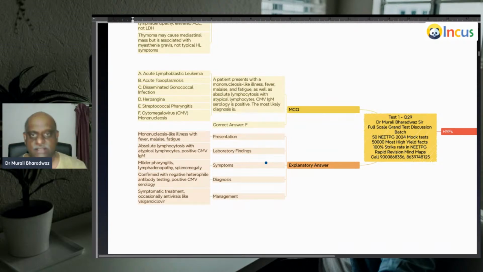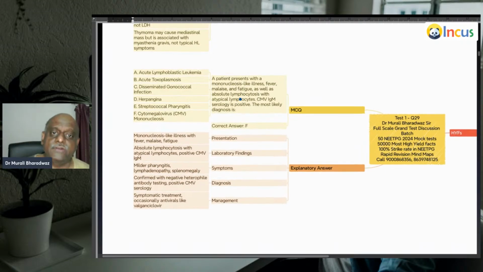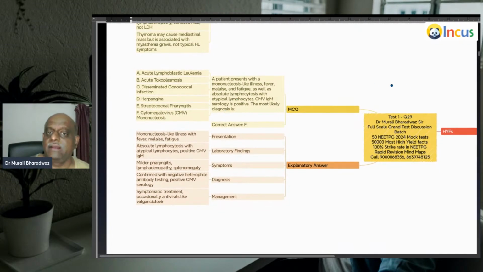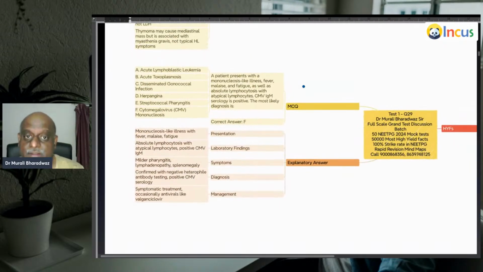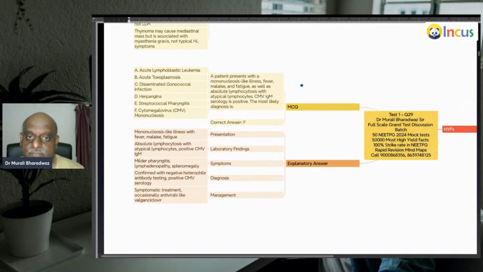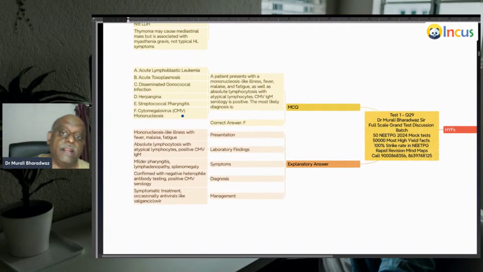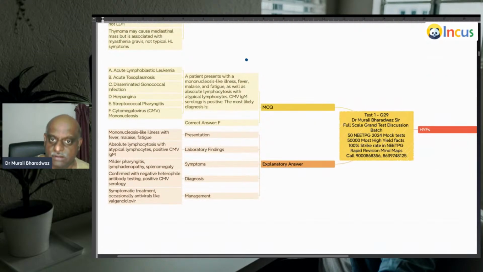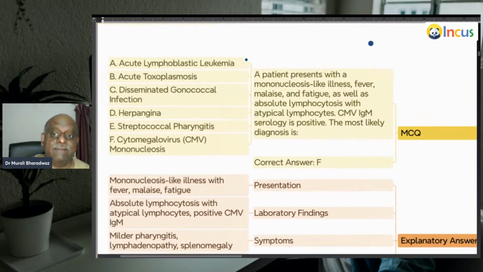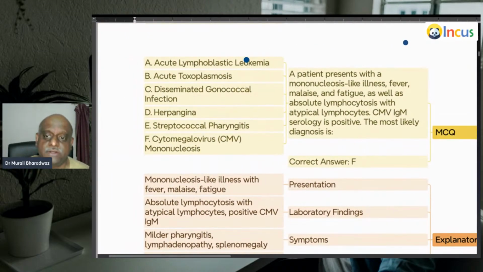A patient presents with a mononucleosis-like illness, fever, malaise, fatigue, absolute lymphocytosis with atypical lymphocytes. CMV IgM serology is positive. What is the most likely diagnosis?